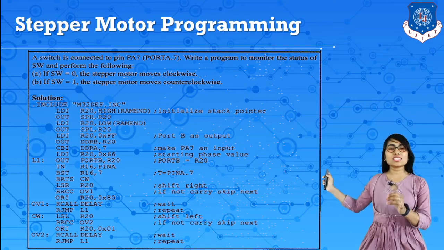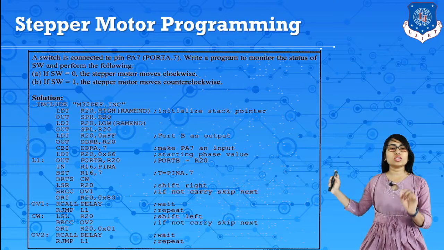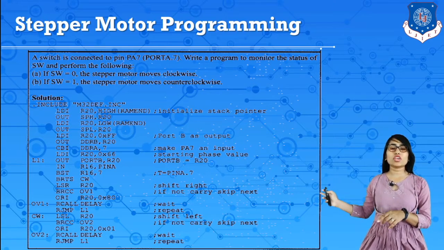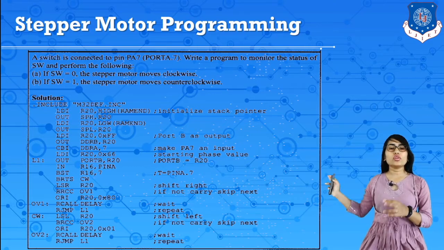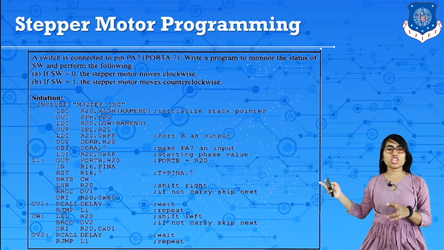So this 66 can be loaded into R20, and R20's value goes to port B. Now port B is connected with the stepper motor. So the stepper motor has a phase value of 66, and according to that it will change its value.